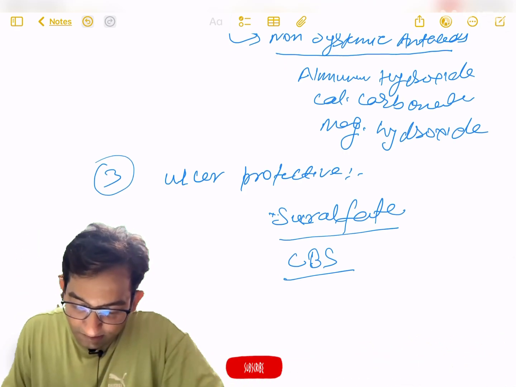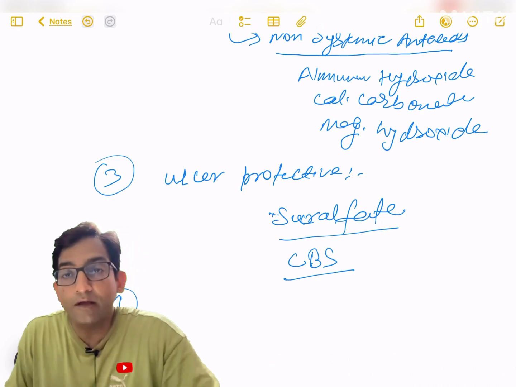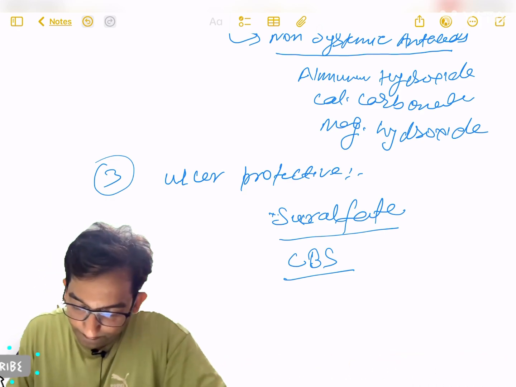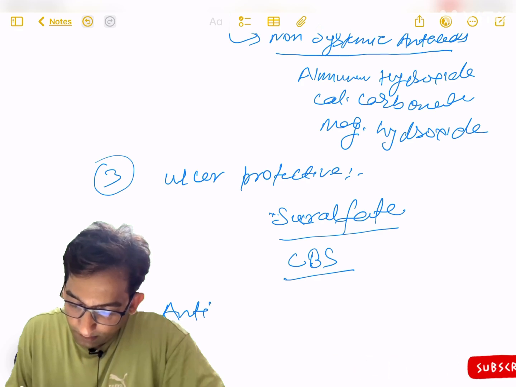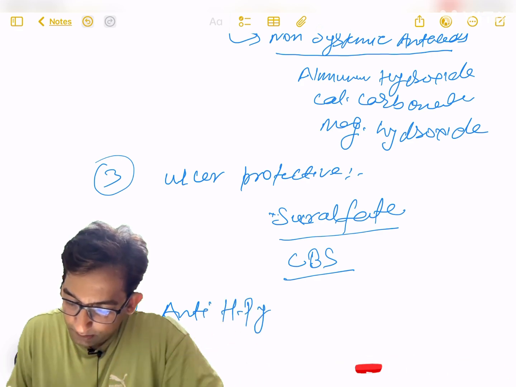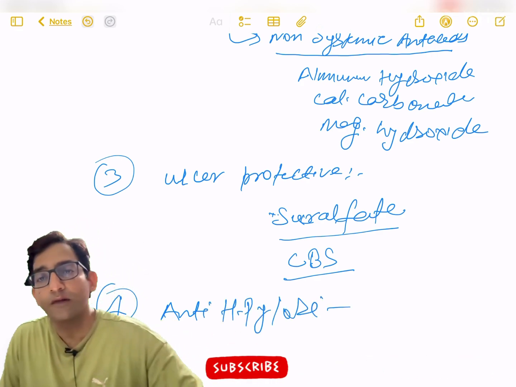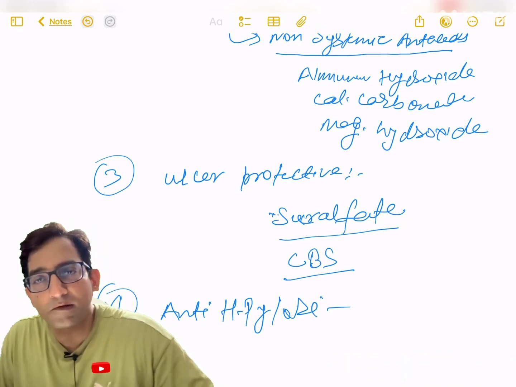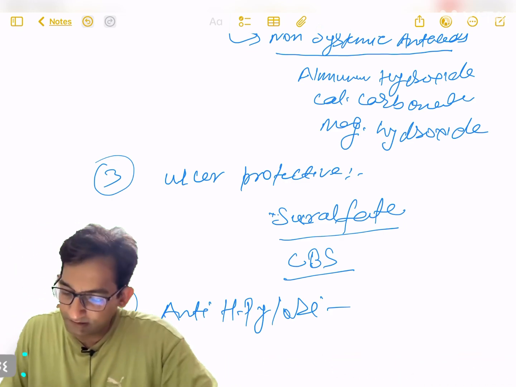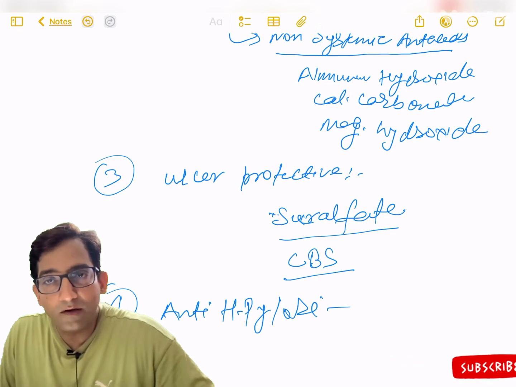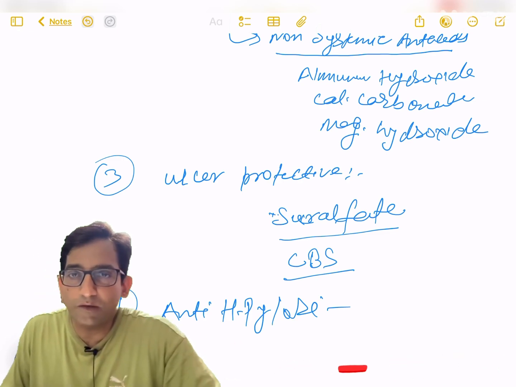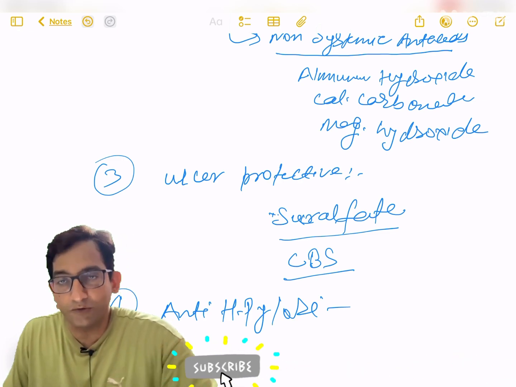Now, the next category is anti-H. pylori. We know that H. pylori is also responsible for peptic ulcers. Okay. Here we mostly use antibacterial agents to kill H. pylori.